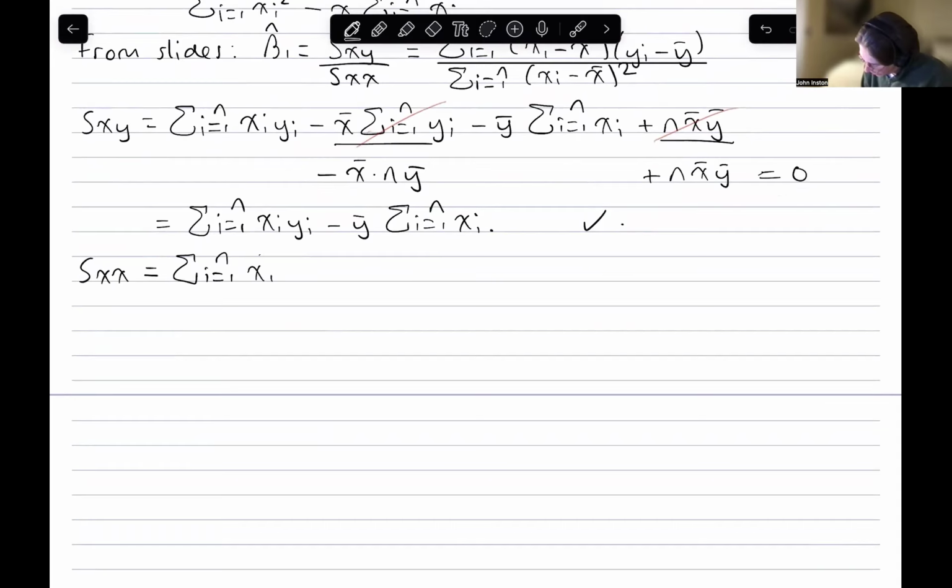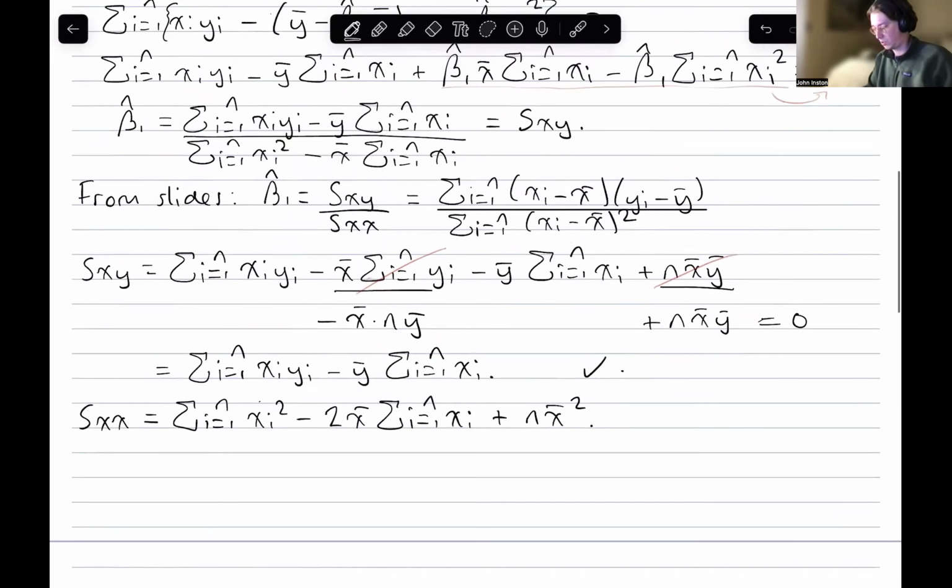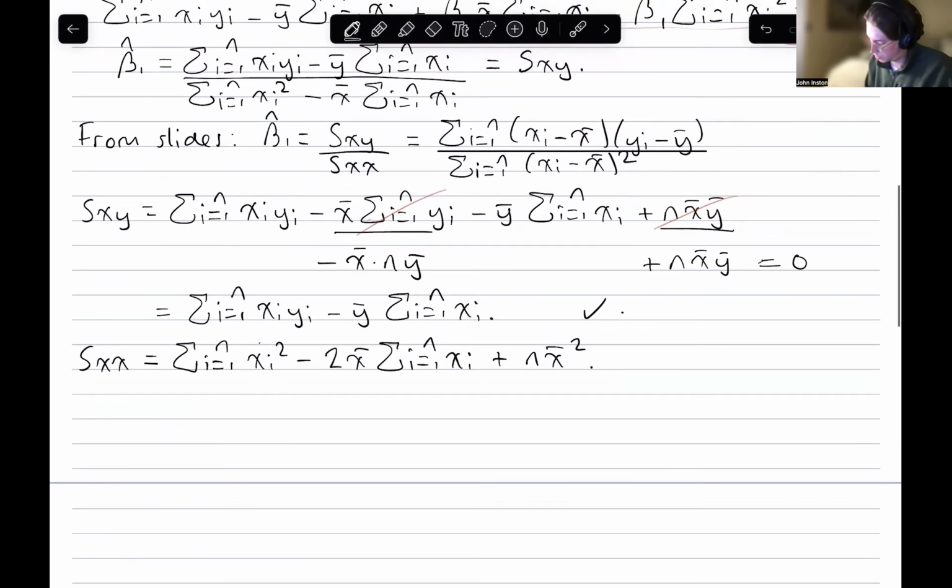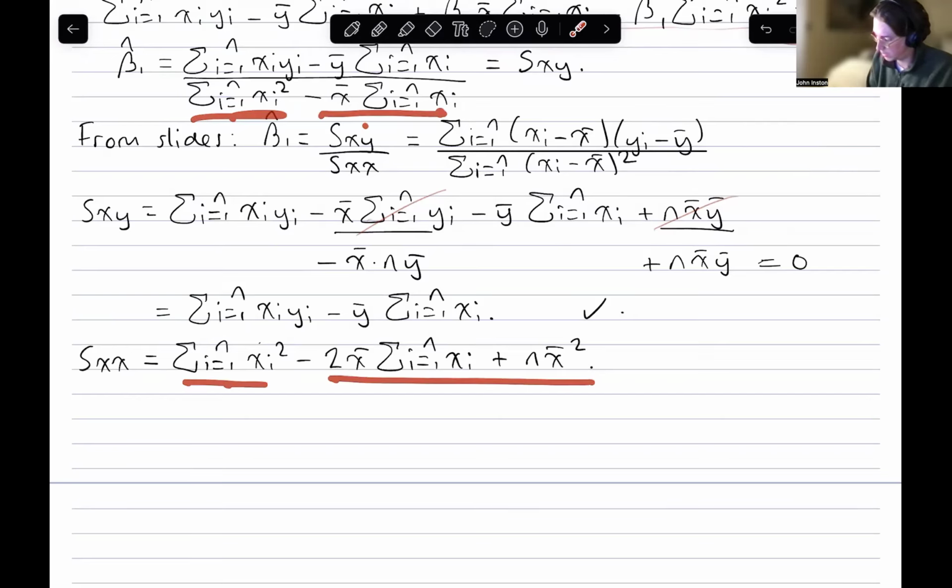Multiplying it out, we have the sum of xi squared minus 2 x bar times the sum of xi plus n x bar squared. We want to show that's the same. The start is already the same, so this sum of xi squared is already here, and we just need to show that this is equal to this.